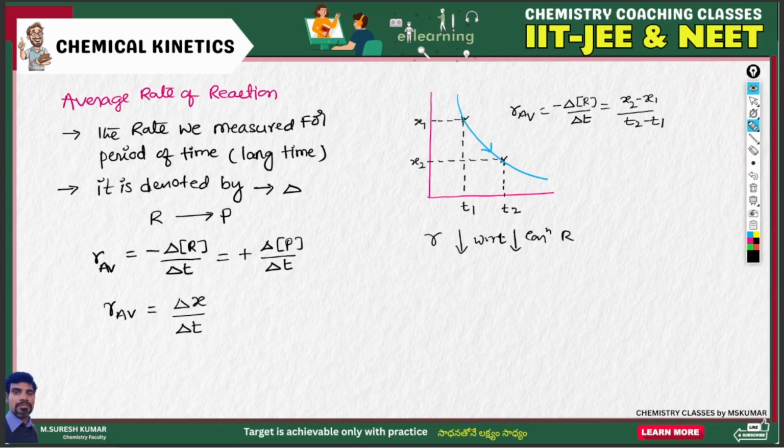Now coming to average rate in terms of products. Suppose I want to express the average rate in terms of product for the same reaction. Then the graph obtained is like this. The concentration of product gradually increases, right? So the initial concentration is less, the final concentration is more. So I take concentration x1 at time t1, the initial concentration.